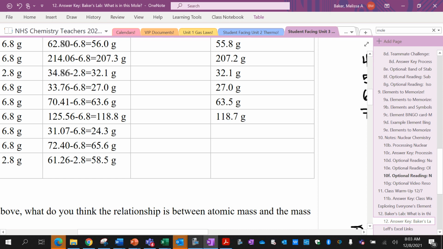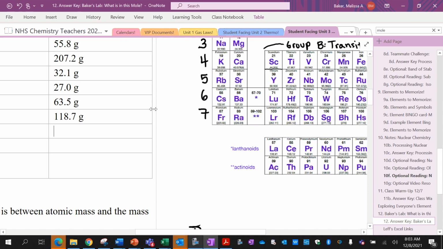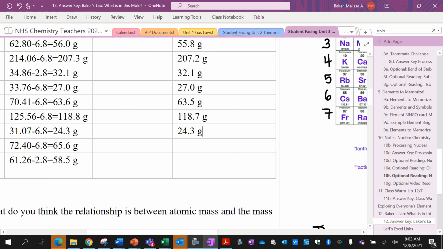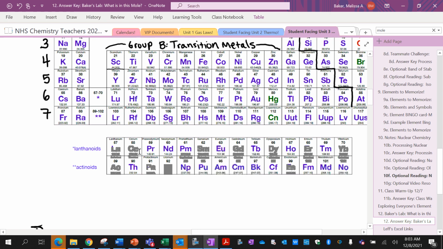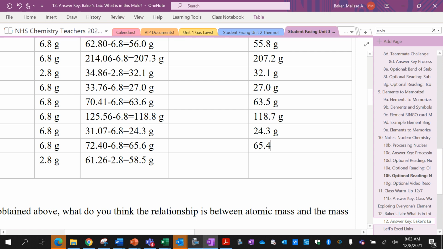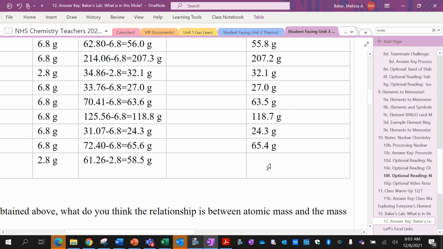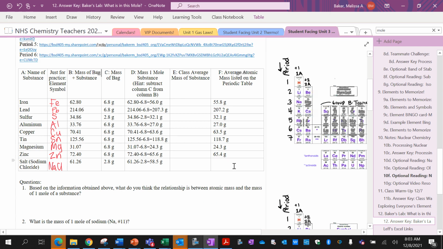Magnesium, 24.3. Zinc, 63.4 or 65.4. And salt, ooh, that one's not on there. So we'll leave that one blank for now. We'll call it Na.